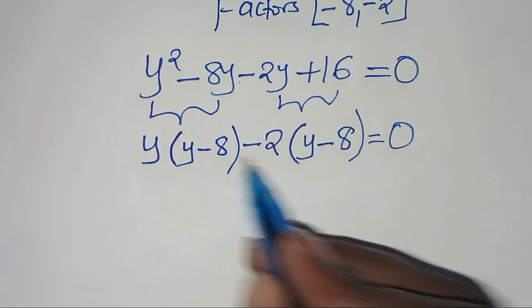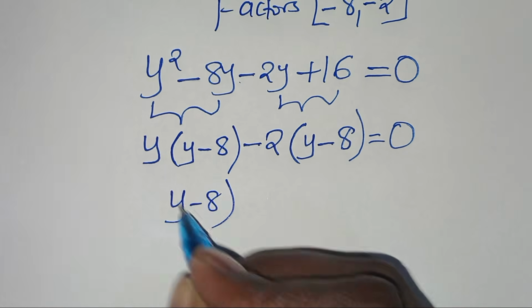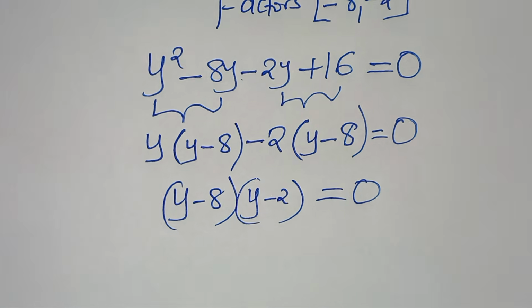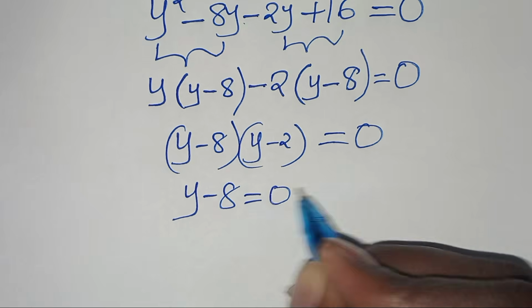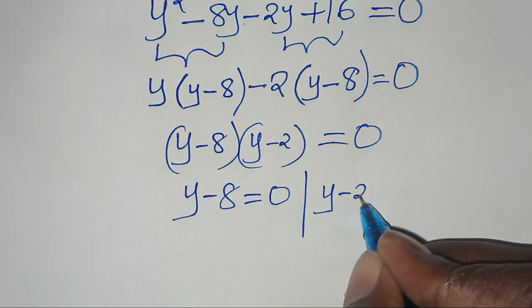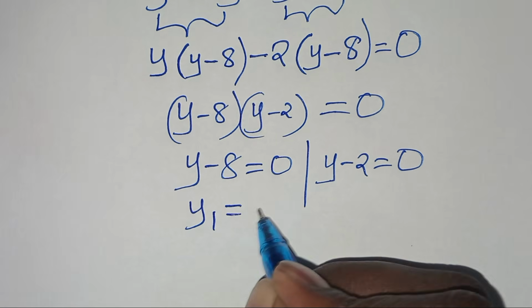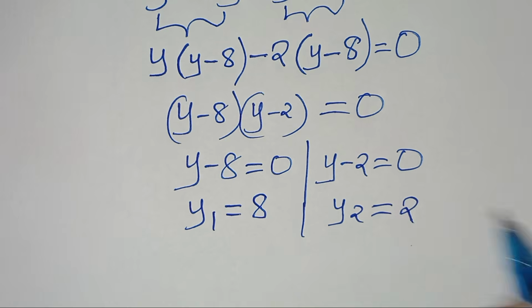So we have y minus 8 is common. So this means y subtract 8, we have y minus 2, and this is equal to 0. So we have y minus 8 equal to 0, then we have y minus 2 equal to 0. So this means that y1 is equal to 8 and y2 is equal to 2.